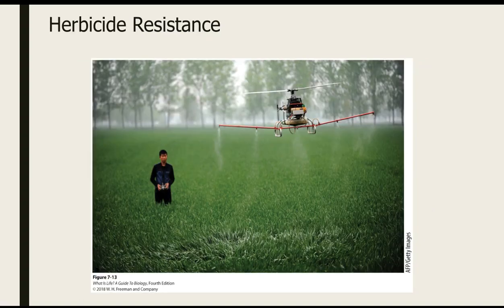The other major one is herbicide resistance. What we've got here is a crop of rice, and that rice is being sprayed with herbicides. But before this was done, the rice itself was genetically modified to not die when it was sprayed with the herbicide.